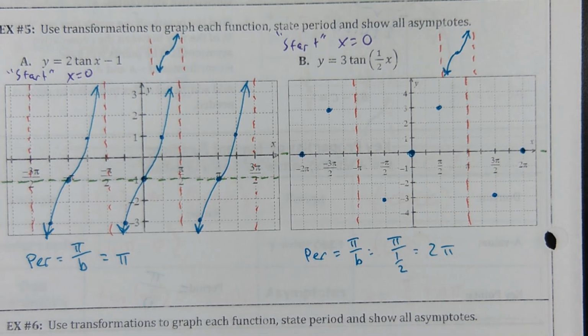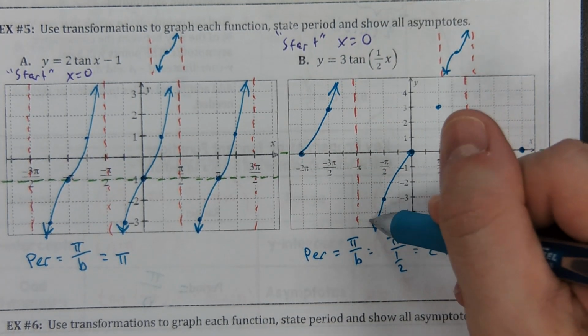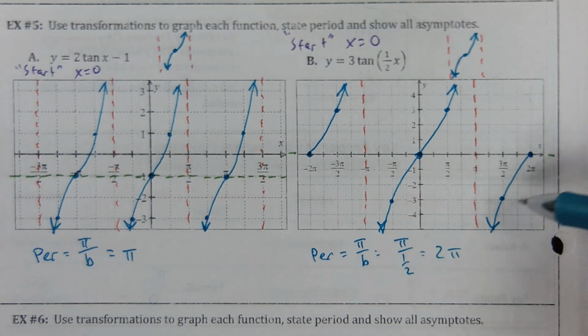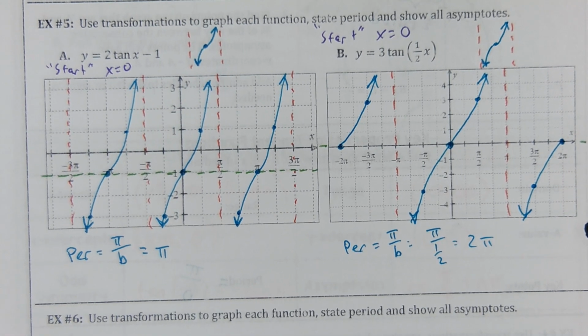Just like that. This is a very steep tangent graph, with vertical dilation factor 3. But I'm hoping you're thinking this is pretty darn easy. Fingers crossed, you think it's easy.